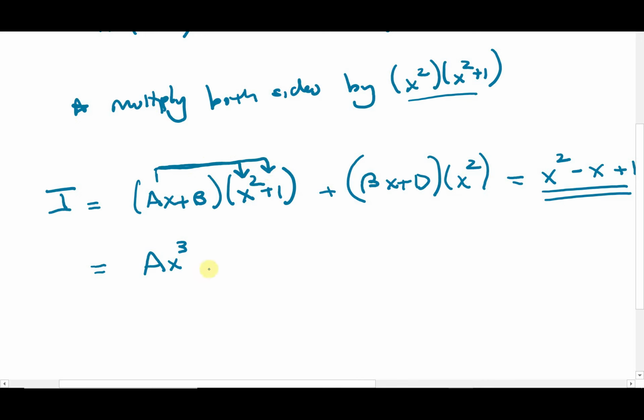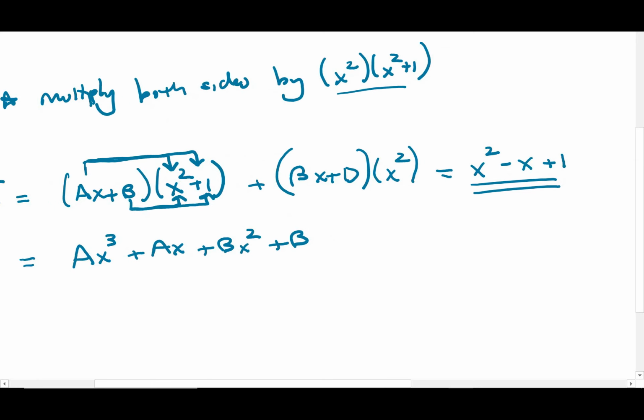So we have ax cubed plus ax times 1, and then we also have bx squared, plus b. So that takes care of all that. And then we also have to transfer cx squared plus cx cubed. And then we have plus dx squared.